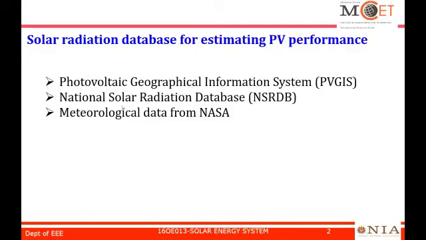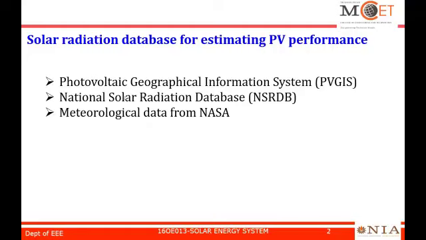Here I have listed some of the websites: Photovoltaic Geographical Information System, National Solar Radiation Database, Meteorological Data from NASA, and so on. Some websites are free of cost and some websites are paid to get the solar radiation database.